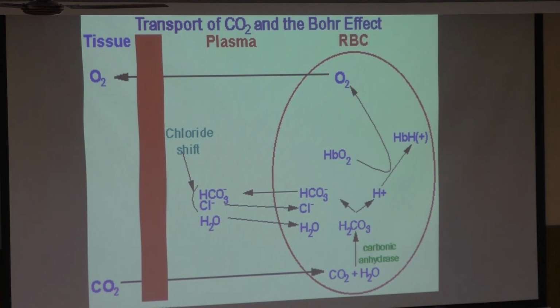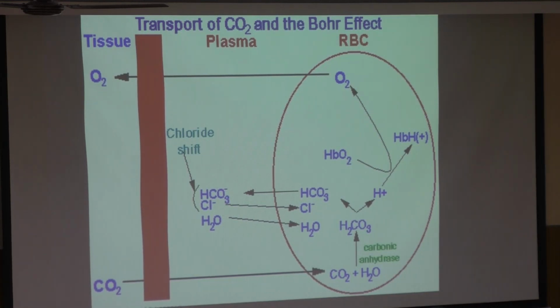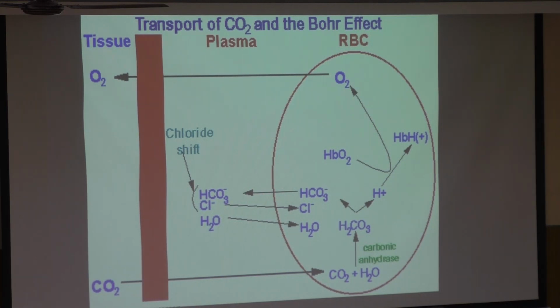Now we will see about the tissues. So what concentration will be high in the tissue? Carbon dioxide. Now carbon dioxide is transferred in three ways.